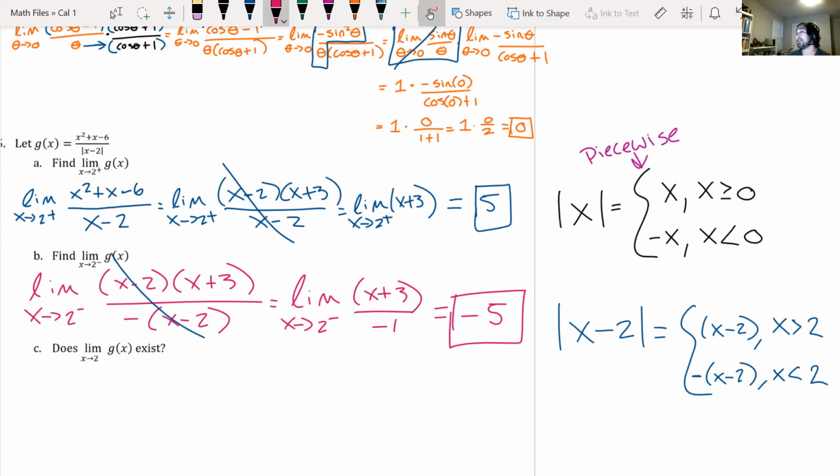In this case, what is the left-hand limit? Negative 5. What is the right-hand limit? 5. Are those equal? No. Therefore, the limit as x approaches 2 does not exist.